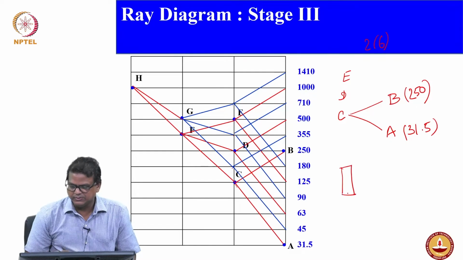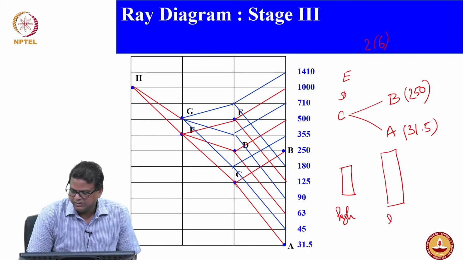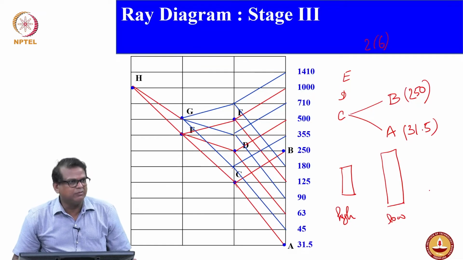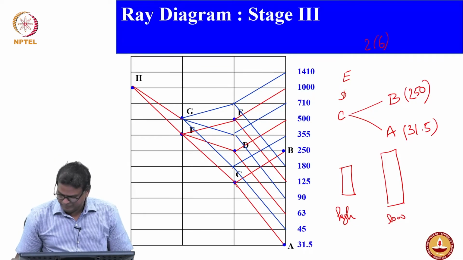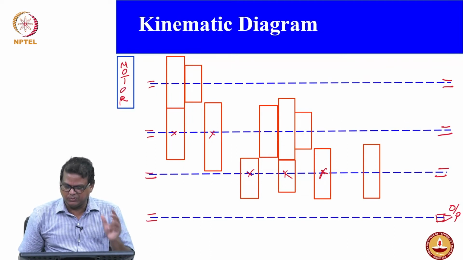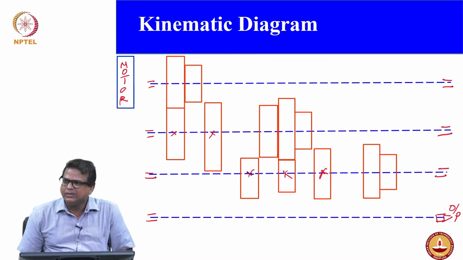This is for the high speed aspect, okay. And B would be a bigger size, so obviously you will have a low speed. So the same concept we are going to follow for the third stage also, right. So this is constructed for stage 1 and stage 2. Now, one big gear, one small gear, that is what is supposed to happen.